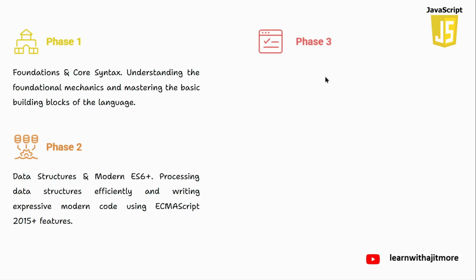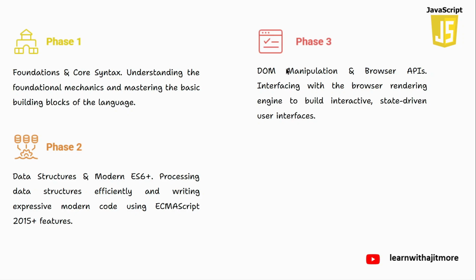Then in phase three, there are some more concepts we have to learn which are more towards modern JavaScript, that is from 2015 JavaScript. It is called the ECMAScript 6 standard and afterwards. Mainly in this phase three we will deal with the browser, how to interact with your web page. If you have created a web page, how to fetch the values from the input elements, and how to update the values at runtime on the web page.